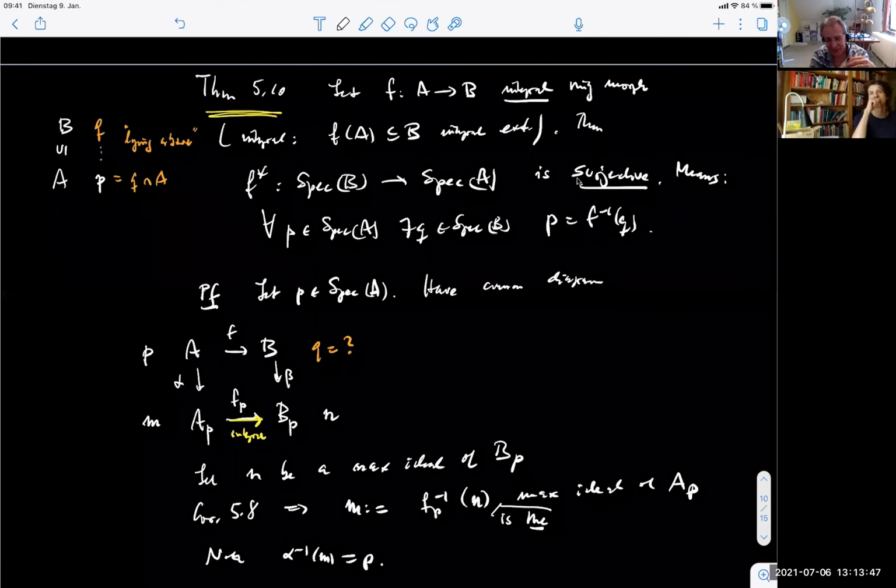I have the map from A to BP. This is just a diagonal map. You take P, extend, and then contract to B. That's it. The best way to understand a proof is always to see how I would have proved it.